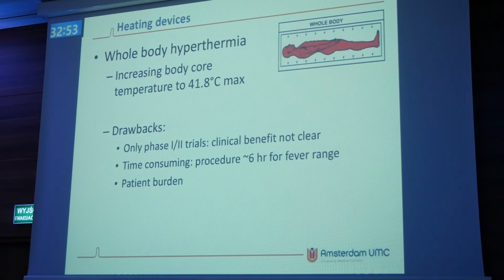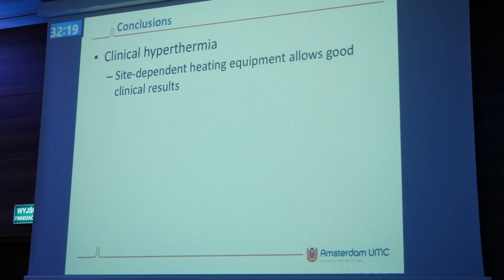And the drawbacks are that, well, it has been studied quite extensively, and some studies show good palliative results for part of the patients, but the clinical benefit in general is a bit unclear, and it can be a very time-consuming procedure, so up to 6 hours if you go to the slightly lower temperature range of 40 degrees centigrade. And the patient burden and the burden for the staff can also be extensive with this type of treatment.